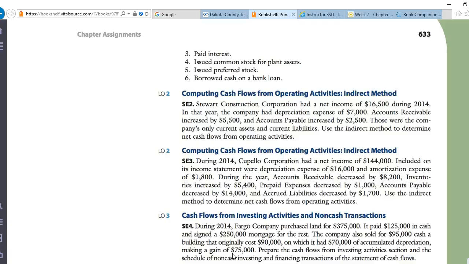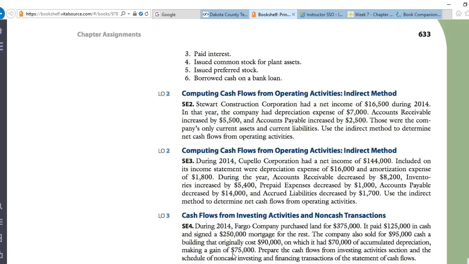And our goal here is to come up with our cash. Our amortization expense of $1,800 doesn't include cash. It's basically an intangible asset we're amortizing, right? So we'll add back that $1,800 to come up with our cash.